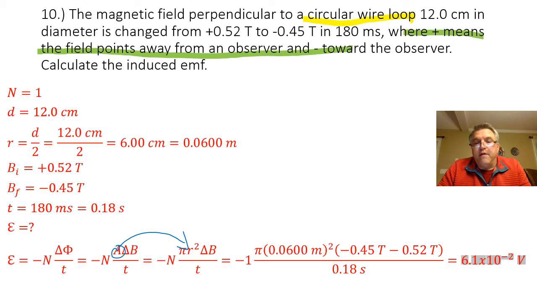I plug my values into the equation, and I am going to get an EMF of 6.1 times 10 to the minus second volts. We just have to be careful that we're watching our signs here. Remember, my final value was negative and my initial value is positive. So I have a negative minus a positive. So you just have to be careful of those signs when you're plugging them into the equation.